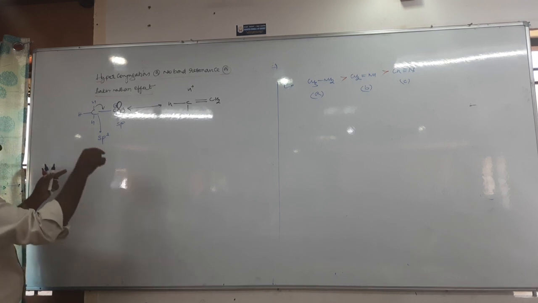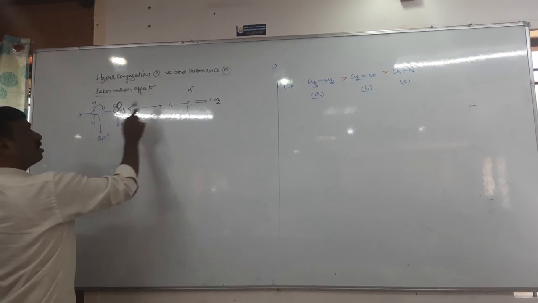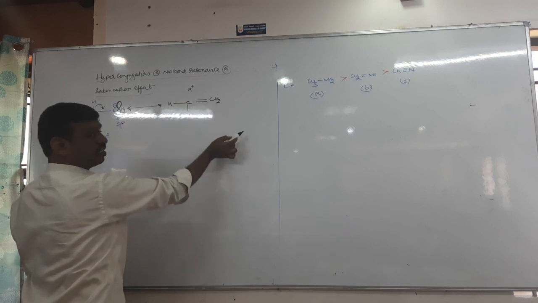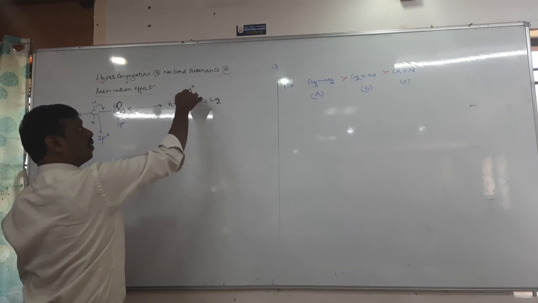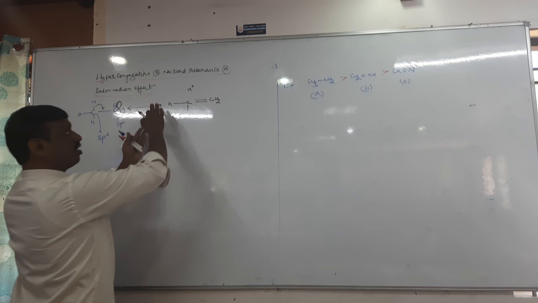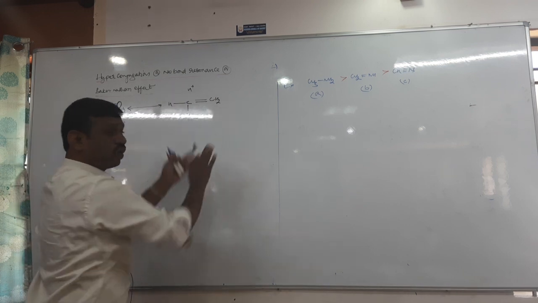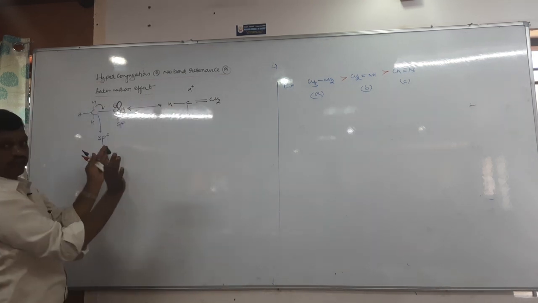So in hyperconjugation, there is a bond here. This bond completely shifted to this side. That's why here there is no bond, but H plus is there. H plus never shifts to this side or that side. It doesn't go anywhere. It will be left there itself.